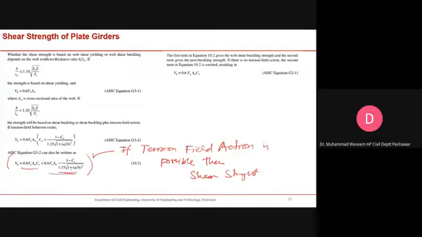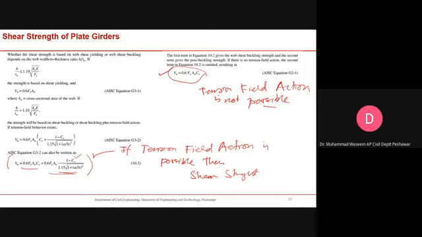See, this uses the CV value. If the tension field is not there, then you have to use this equation. If tension field action is not possible, then you will use this equation.